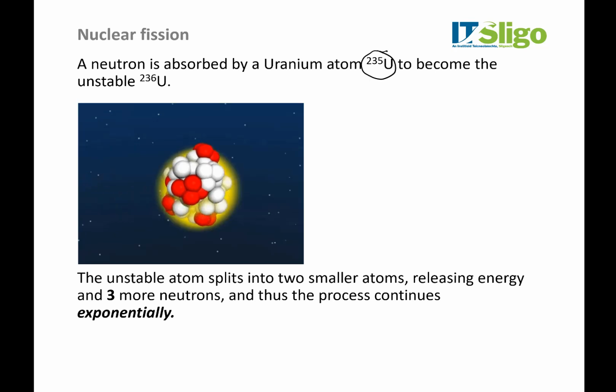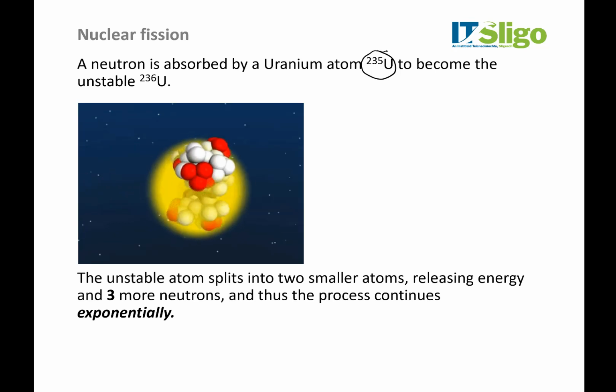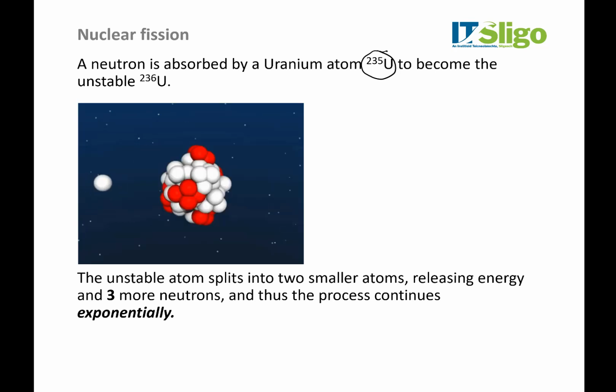So what happens then is this splits into two different masses, two smaller atoms generally. They can be of various configurations. But the big thing that happens is 3 more neutrons are fired off. In general, on average, it's not each time, but on average, 3 more neutrons are released when this split occurs.